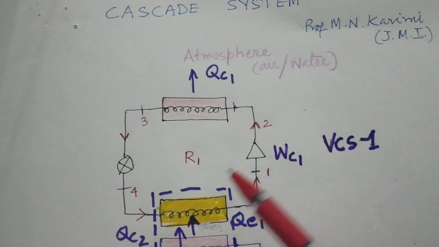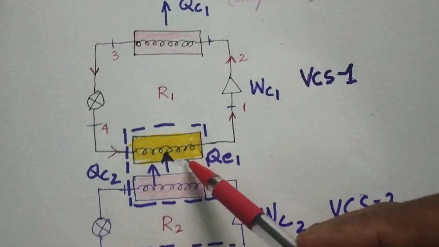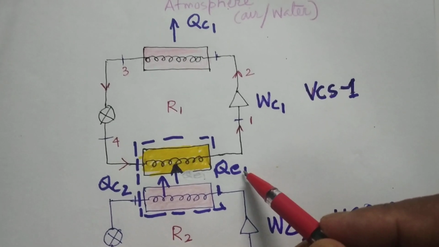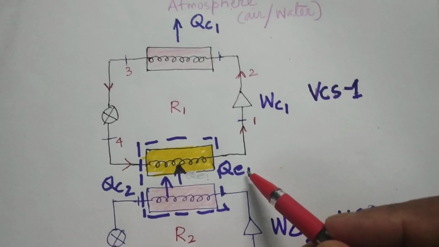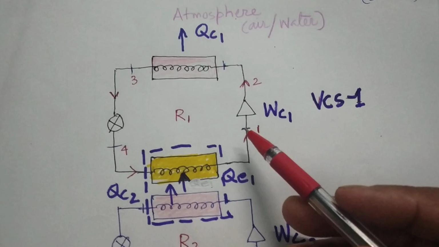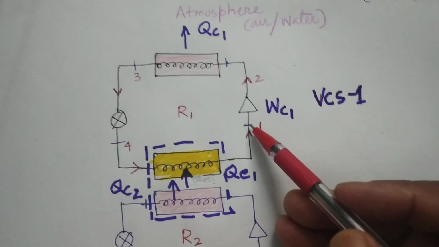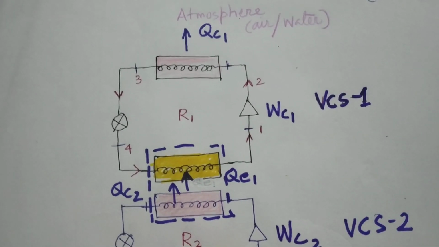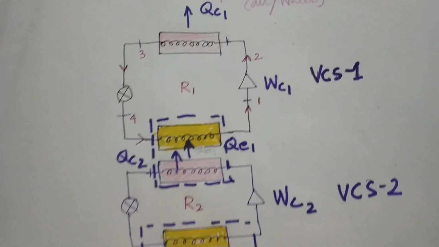This evaporator, shown in yellow color, is absorbing a certain amount of heat, say QE1, and we have state conditions 1, 2, 3 and 4 after the components.